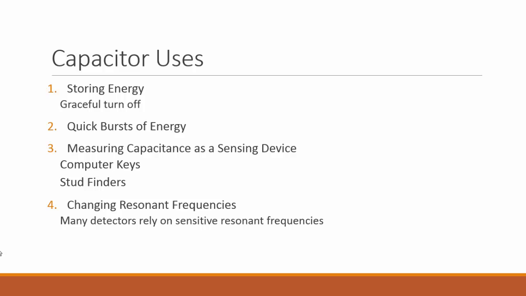And if you put a large dielectric in there, like an insulator, like a big piece of wood, up against it, it changes the capacitance by changing the dielectric constant nearby, and that can then be registered as the presence of a large insulating object, such as a piece of wood, that's nearby, even if it's out of sight. So stud finders can use a capacitor, not a parallel plate capacitor, but still a capacitor, and notice the presence of other insulating materials around it by measuring the change in capacitance.